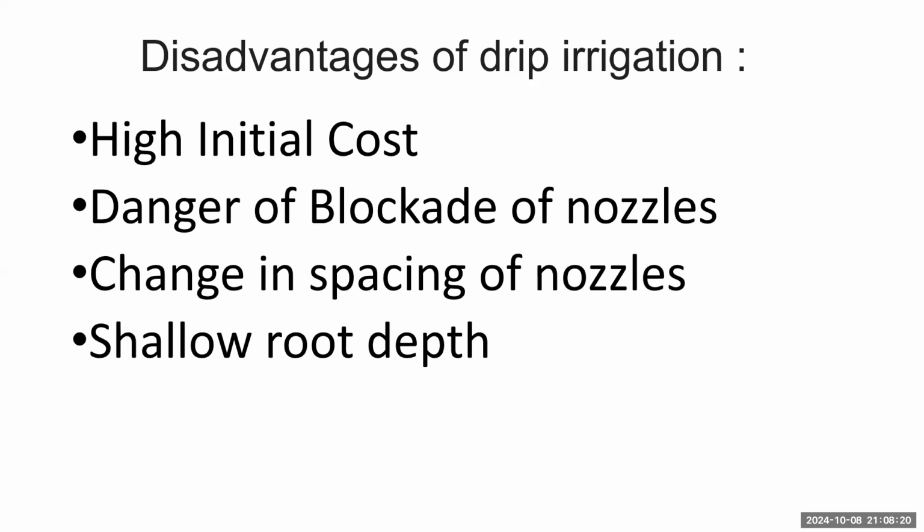So although there are some disadvantages, if we see that chart, a tremendous water saving is there. Along with that, there is an increase in yield of the crop, and that's why drip irrigation system is more popular. So based on methods of applying water to the crop, generally two questions are asked. One is on drip irrigation, the other is on sprinkler irrigation.